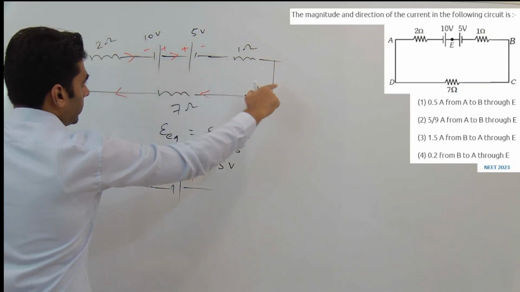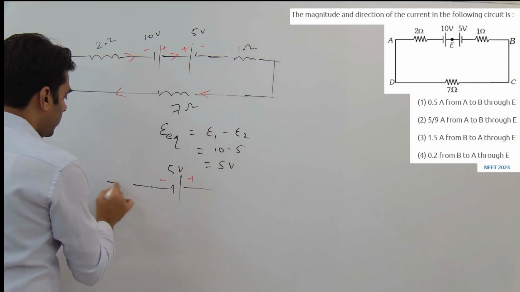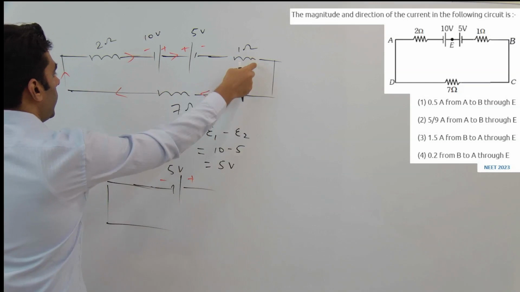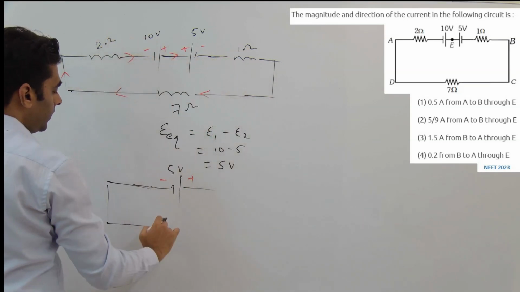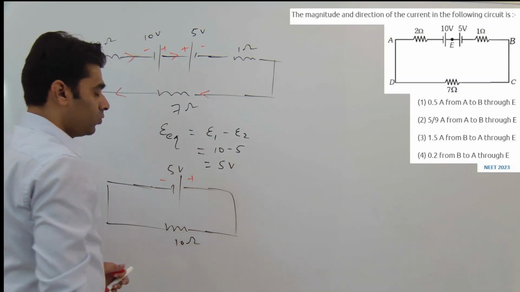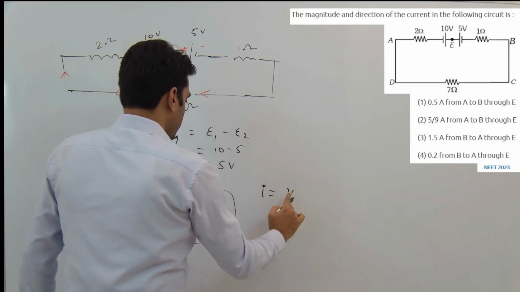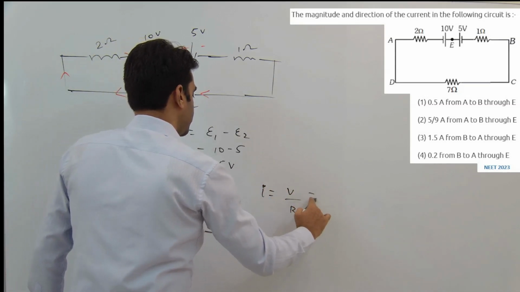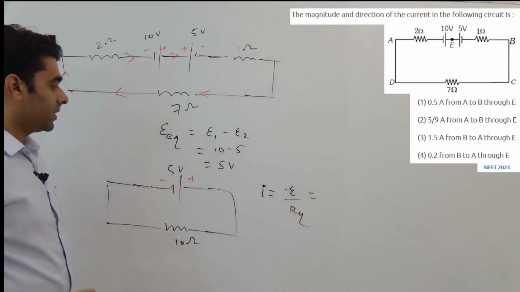Now as we can see, in all the resistors the same current is flowing, that means they are in series. Therefore we can say 1, 7 and 2 are in series, which becomes 7, 3 is 10 ohm. So what is our current value coming? Current can be written as V by R equivalent, which is V or E, no internal resistance is there, so it will be the same.